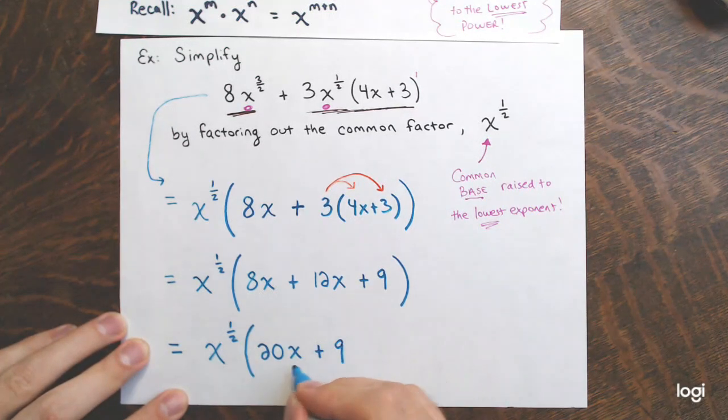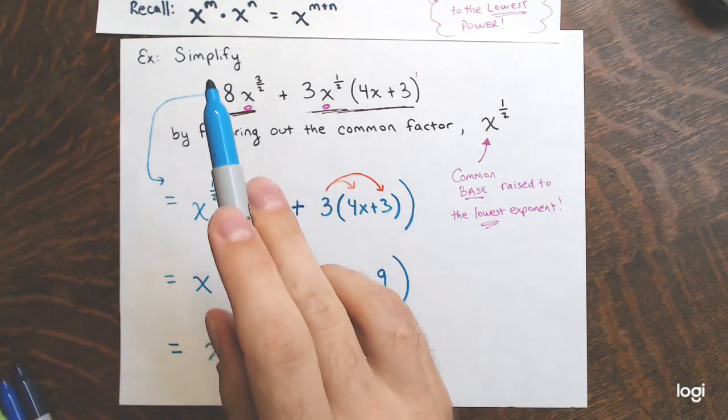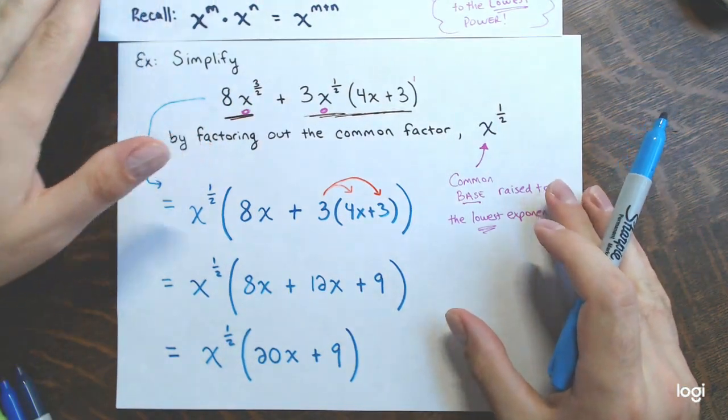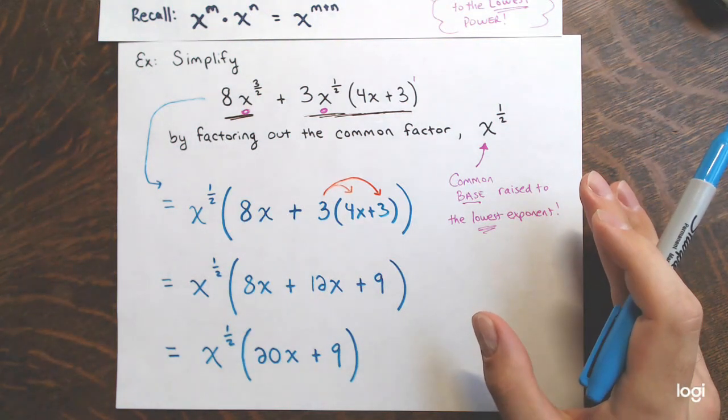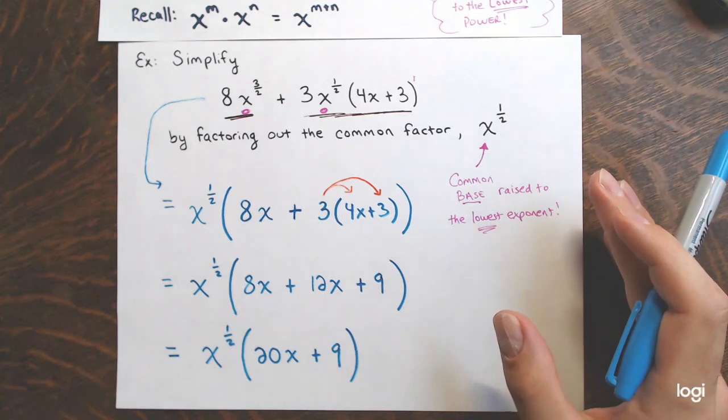And again, this is all still inside that big set of parentheses. All right, and then is this completely simplified? I mentioned a couple videos ago on simplifying radical expressions or expressions with rational exponents.